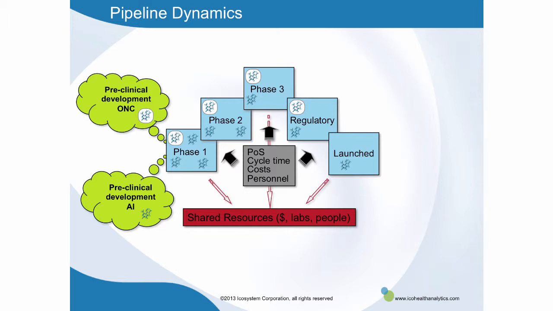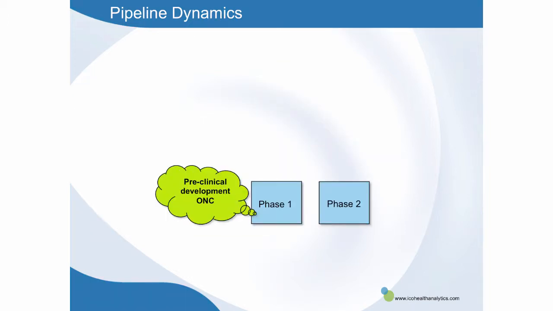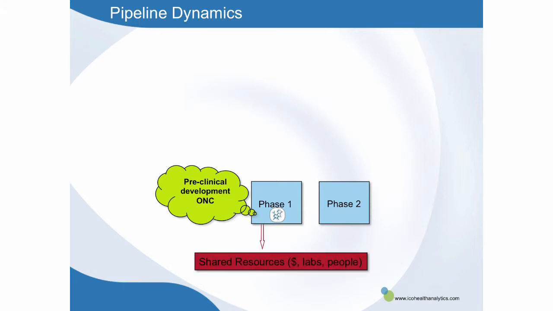SPM models such elements as phases, streams, assets, and resources, and simulates the processes and events that assets undergo over time. Specifically, during each time step, an asset can enter the pipeline via some stream, be resourced or de-resourced. If resourced, it will consume resources and move along in its current phase. Otherwise, it will be put on hold.